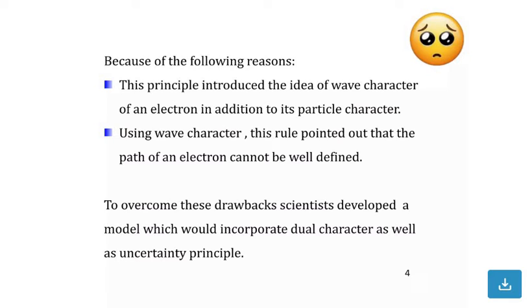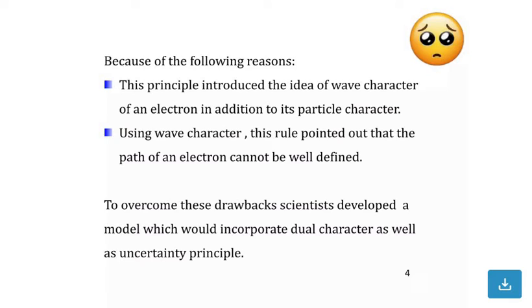Because of this, the principle introduced the idea of the wave character of an electron in addition to its particle character. Using the wave character, this rule pointed out that the path of an electron cannot be well defined.